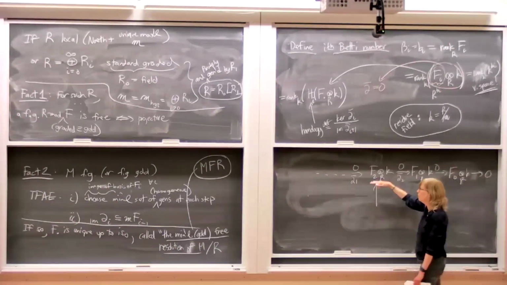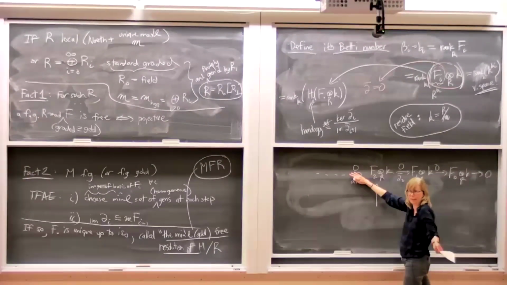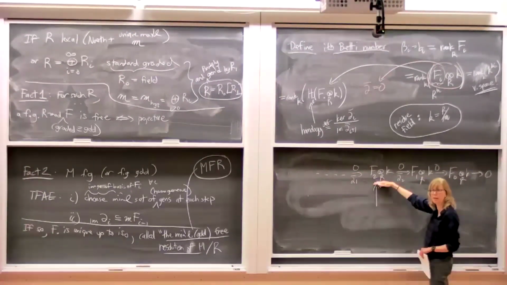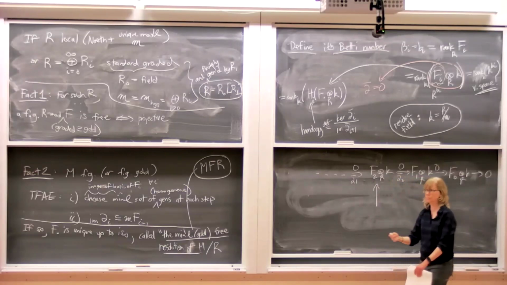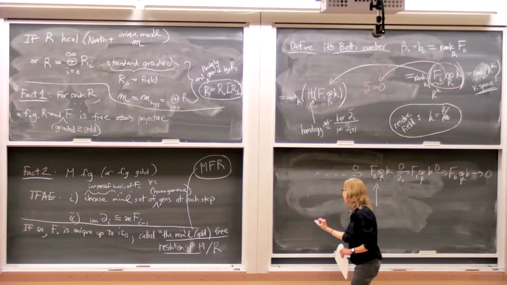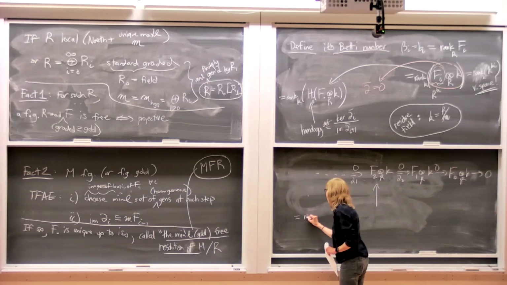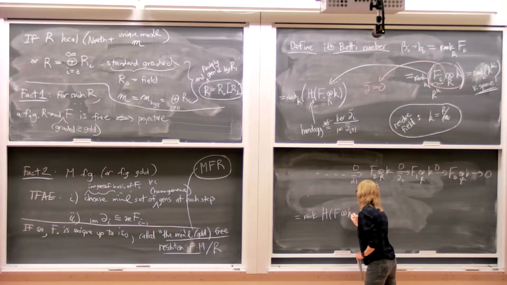So this whole thing, mod the image of the previous map, but that's 0. So mod nothing. So it's just what's sitting here. Everything here goes to 0 and nothing is in the image. So this is the same as the kernel mod the image in that spot. Okay. So you're getting the same as the rank of homology of F tensor K.